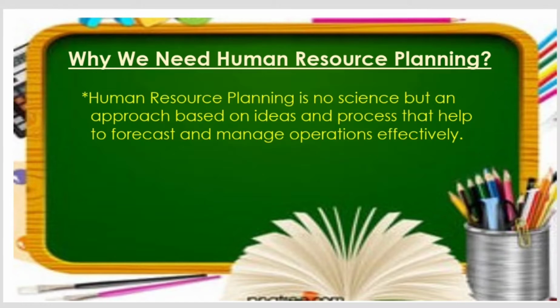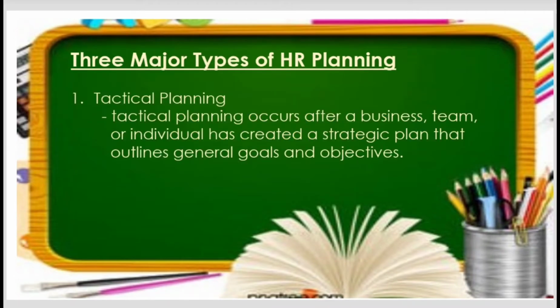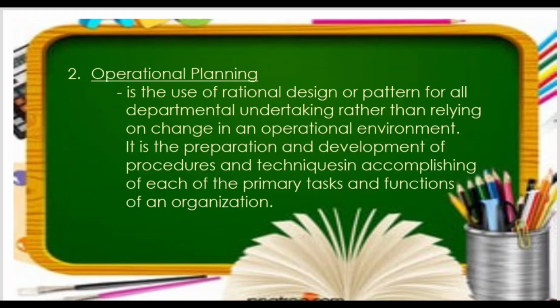And there are three major types of human resource planning. First is the tactical planning. Tactical planning occurs after a business, team, or individual has created a strategic plan that outlines general goals and objectives.